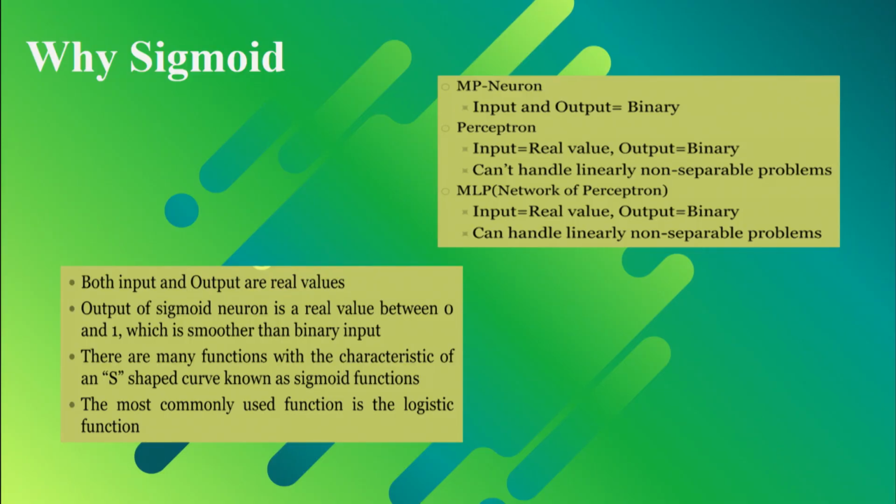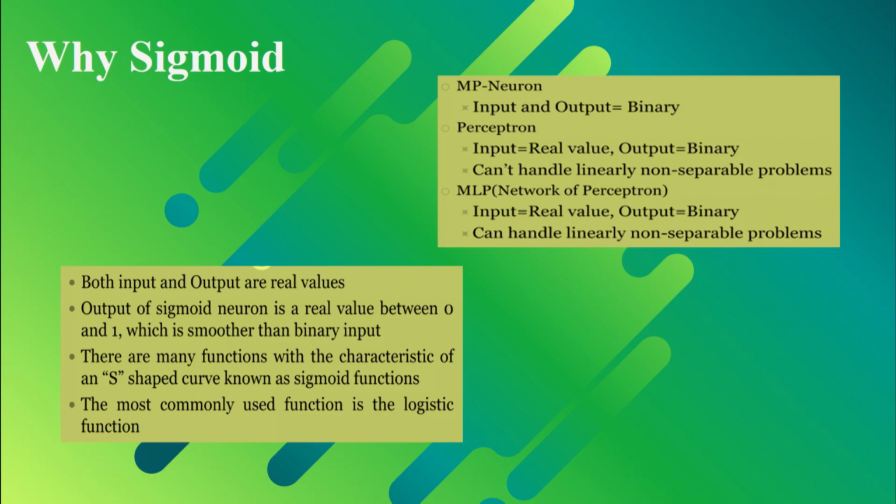Moving on to the next concept, what is the need for a sigmoid function? Basically, we see different types of perceptrons: the multi-perceptron neuron, the perceptron and the multilinear perceptron. In the first case, we consider binary inputs and outputs, so when you give zeros and ones as input, the output is also zeros and ones.